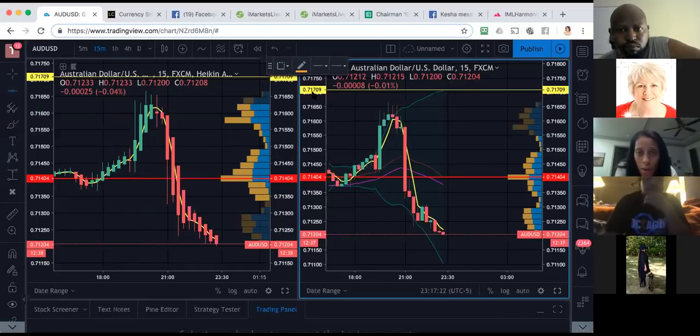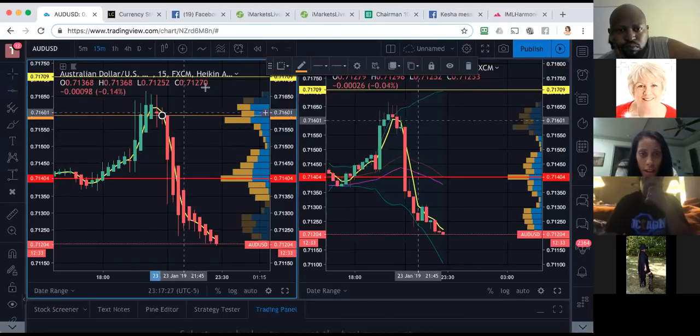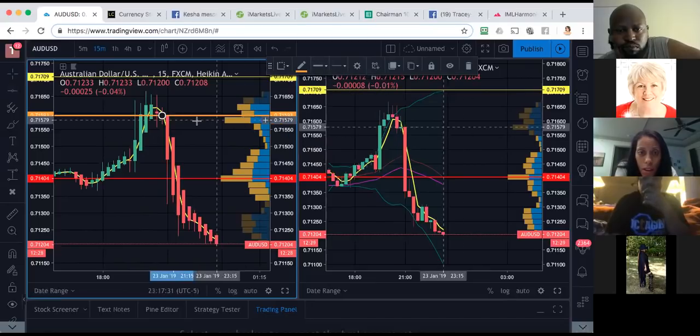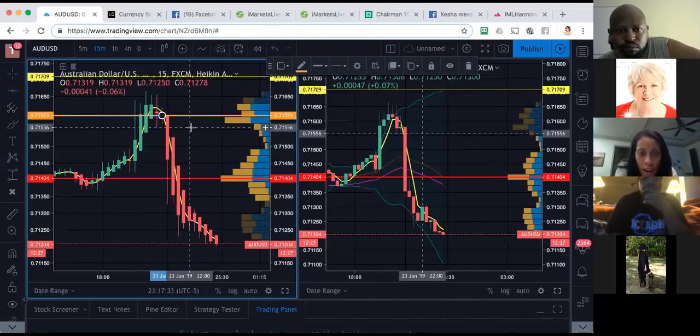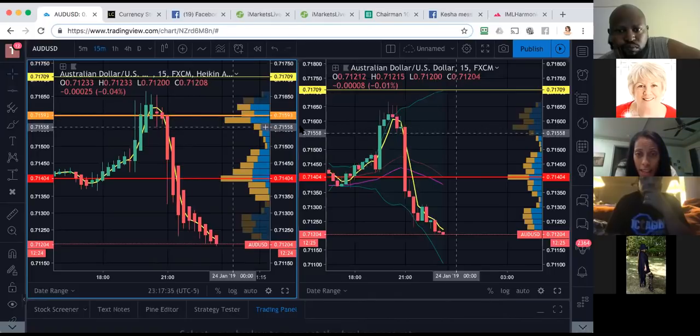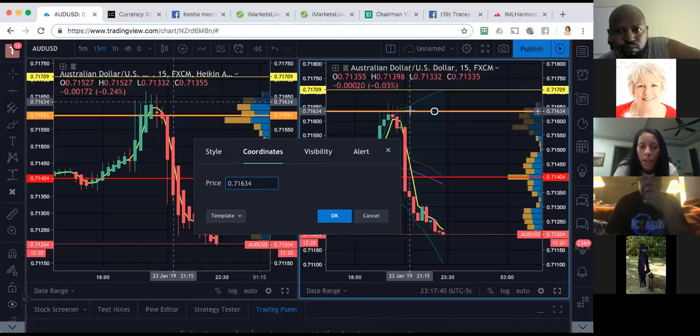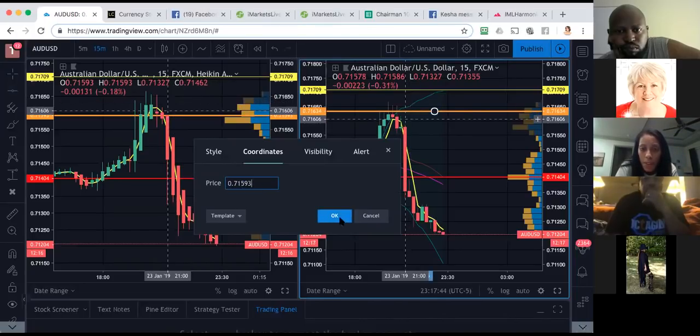See, I put an orange line. If I put an orange line right here, that corresponding is 71593. I'm going to put that same orange line over here, 71593.